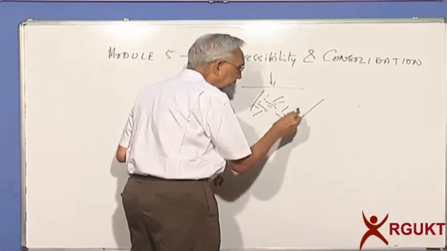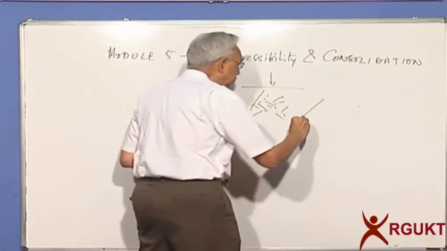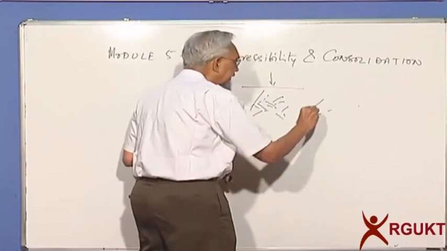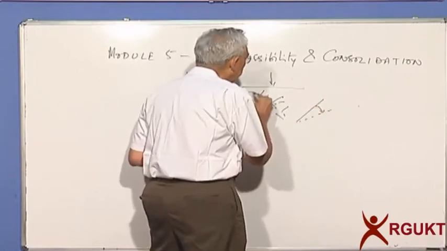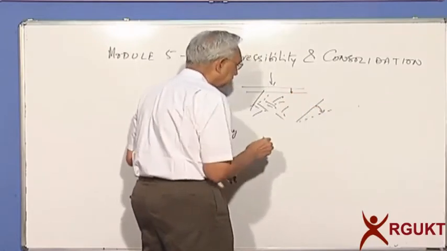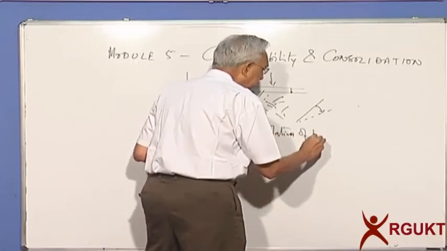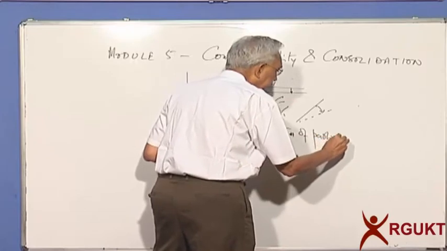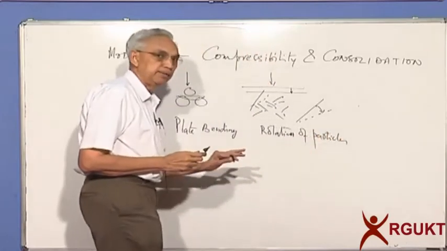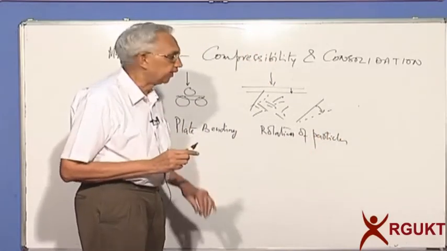A particle which is inclined at this angle may rotate to this direction. If all of them do that, you will have compression. So this is due to rotation of clay particles. Please remember, the mechanisms we are talking about are only for fine-grained soil.